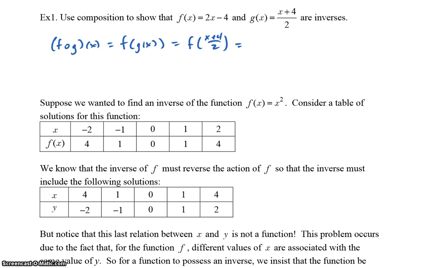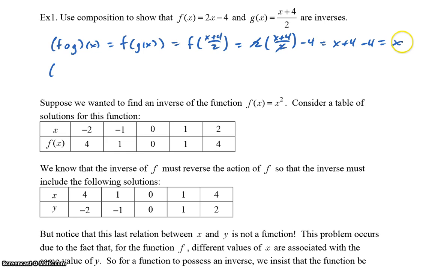So whatever we plug into f, we multiply by 2 and then subtract 4. Now here the 2's are going to cancel. That gives us x plus 4 minus 4. We started with x, we end with x. F composed with g of x equals x. That is, f and g cancel each other.